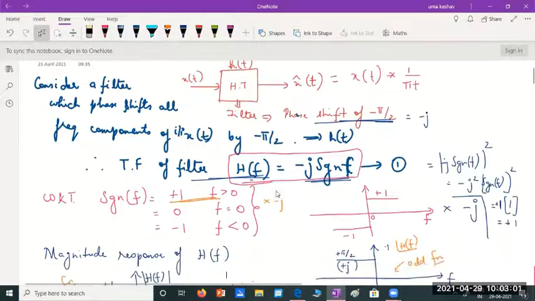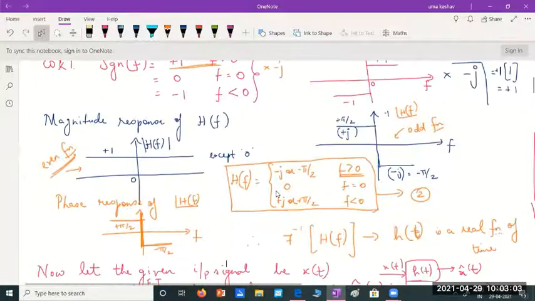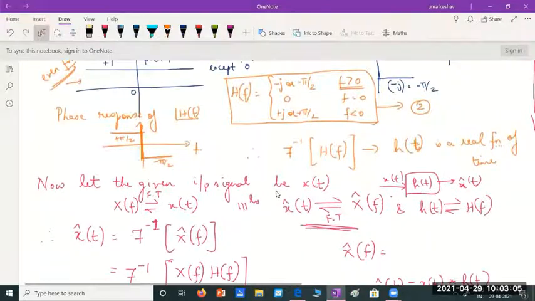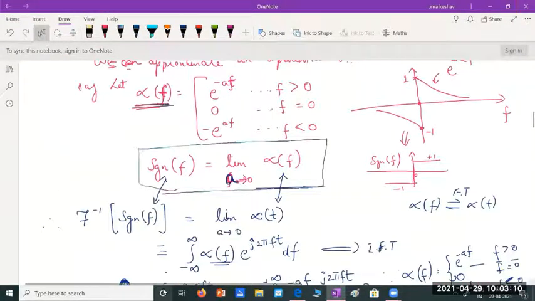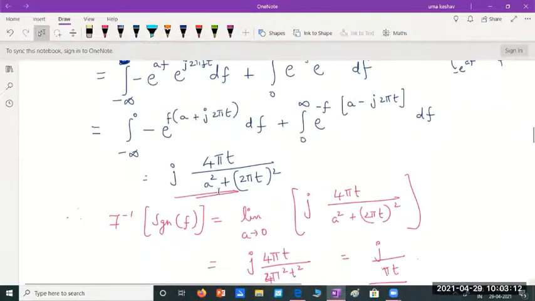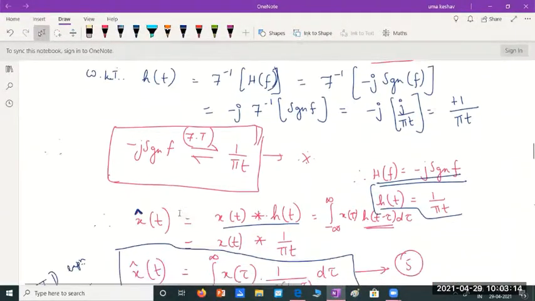After assuming this, we took the inverse Fourier transform, and we were able to show that minus j signum of f has its inverse Fourier transform as 1 by pi t. 1 by pi t and minus j signum of f are Fourier transform pairs.